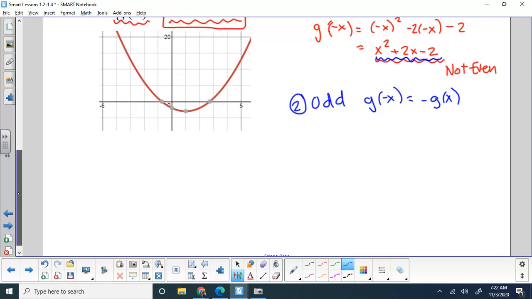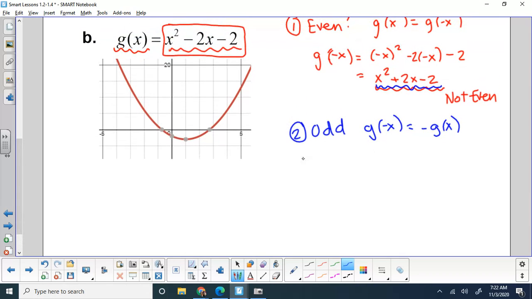And so now to show negative g of x, all I have to do is basically distribute a negative 1 through this function. Now, some of you are already ahead of the game and you're like, there's no way that can become the same as what we just got in the previous problem, because we have a negative x squared as our leading term.